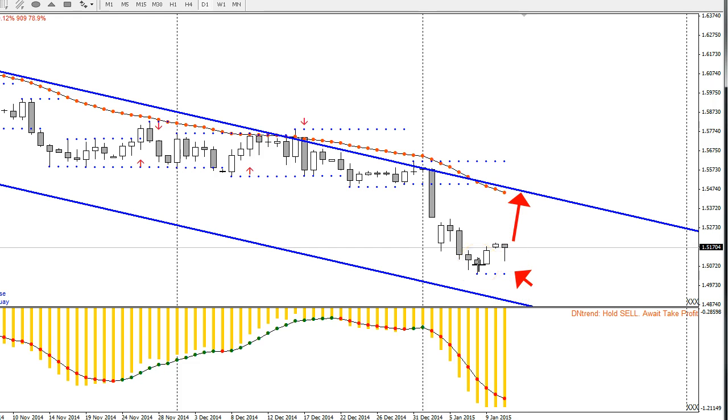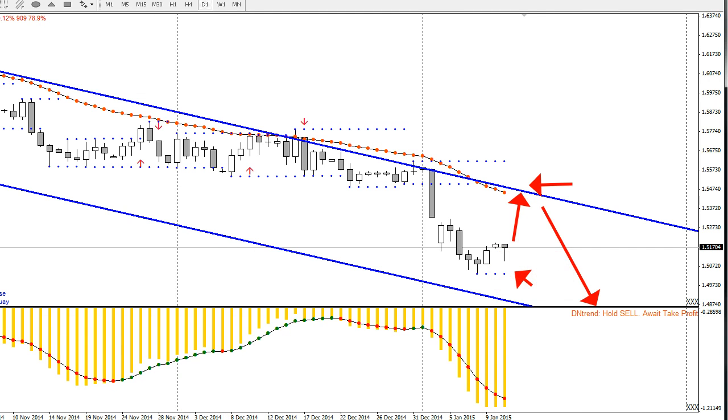Like the euro, quite possible that the market will have a technical retracement back to this level before going back down again. In order for any stock to go up or to go down more, it needs to go up to go down, and down to go up. It's basically build a little bit of momentum.